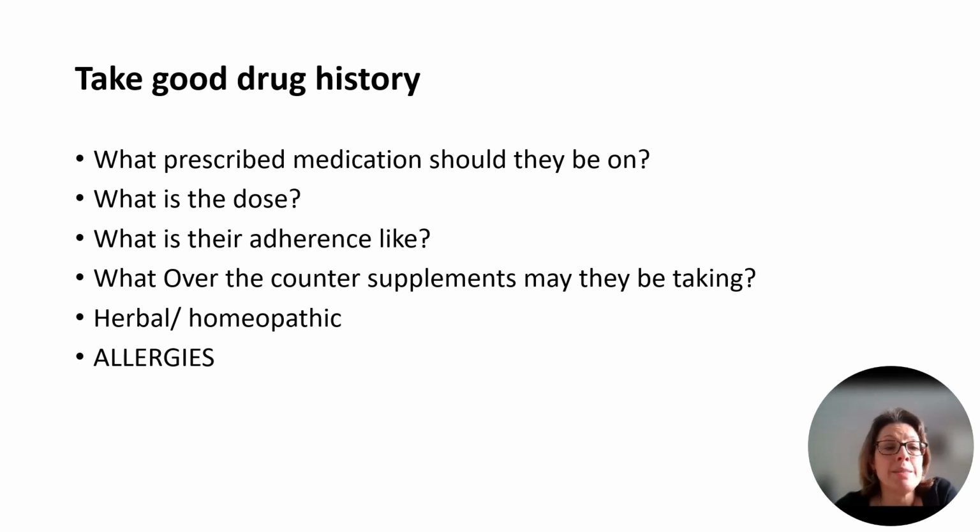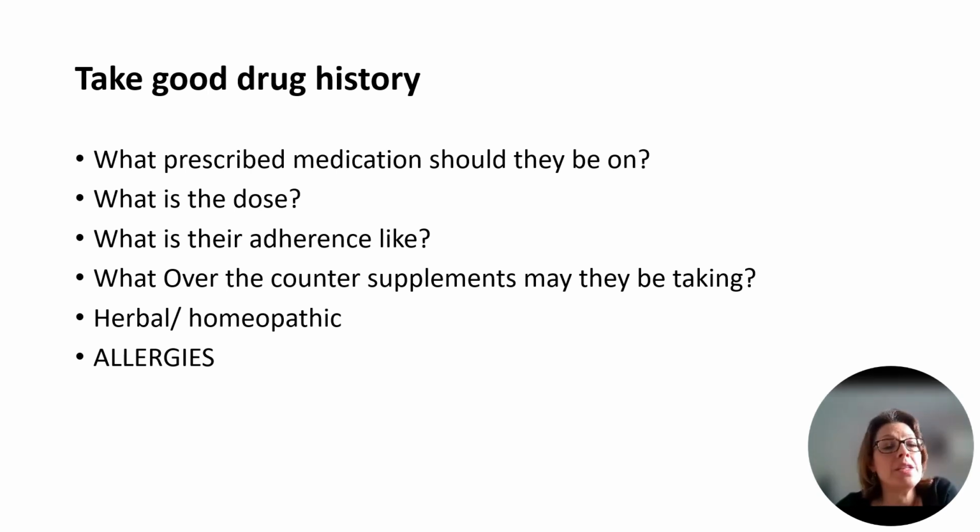As mentioned before, taking a good drug history is incredibly important. It's really important to ensure what prescribed medication they should be on and what the doses are, as often there is a relationship between the dose of the drug and the outcomes.